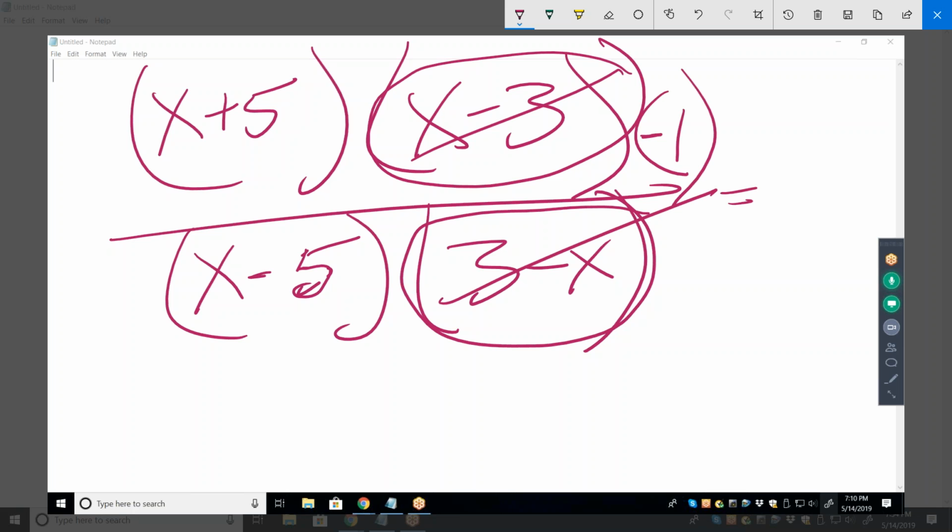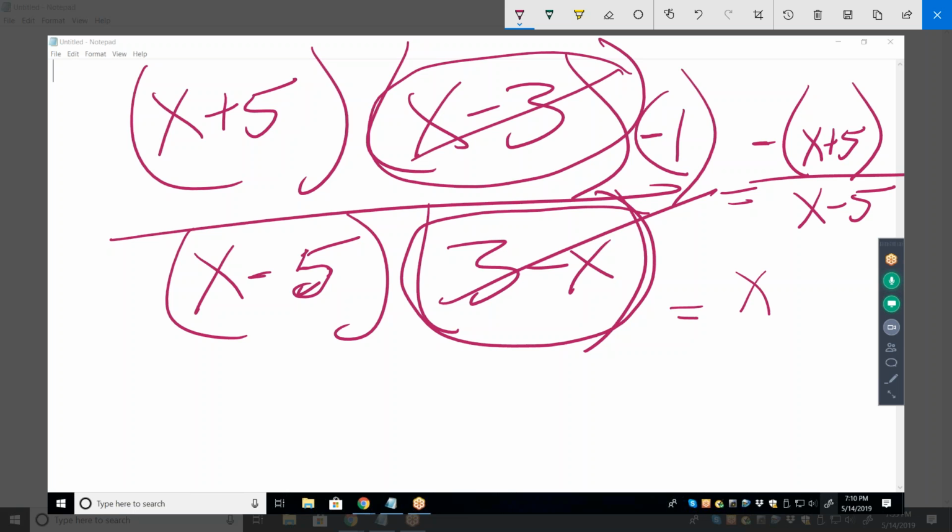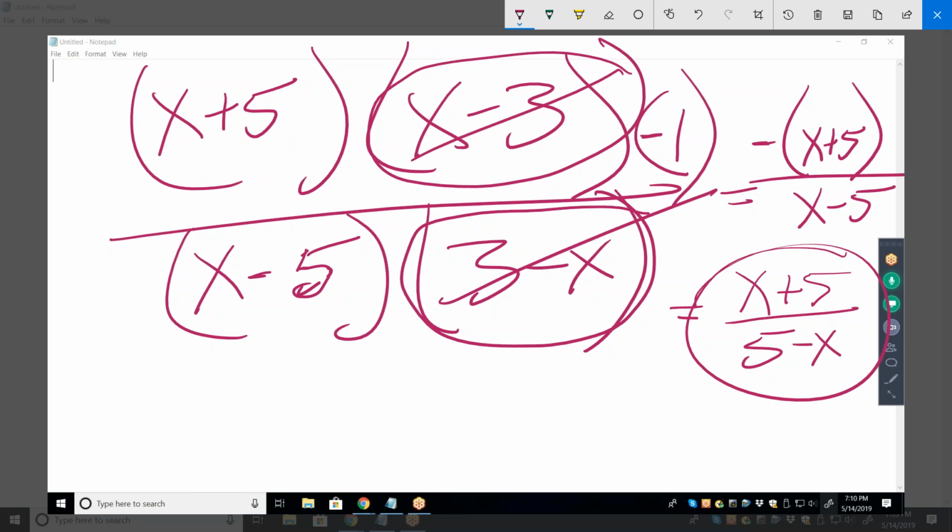So now that gives you a minus x plus 5 all over x minus 5. Or, if you prefer, x plus 5 over 5 minus x. That's the answer if you don't want a negative sign anywhere. In other words, I took this negative sign and I switched those two. Still can't simplify it.